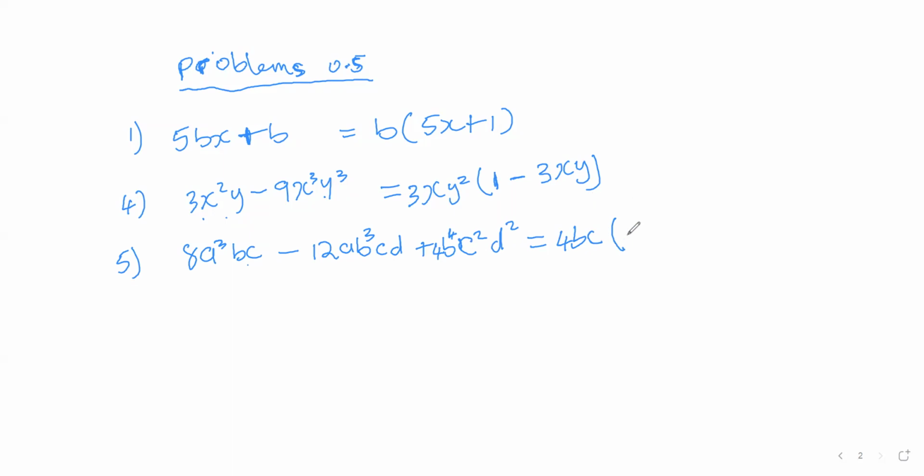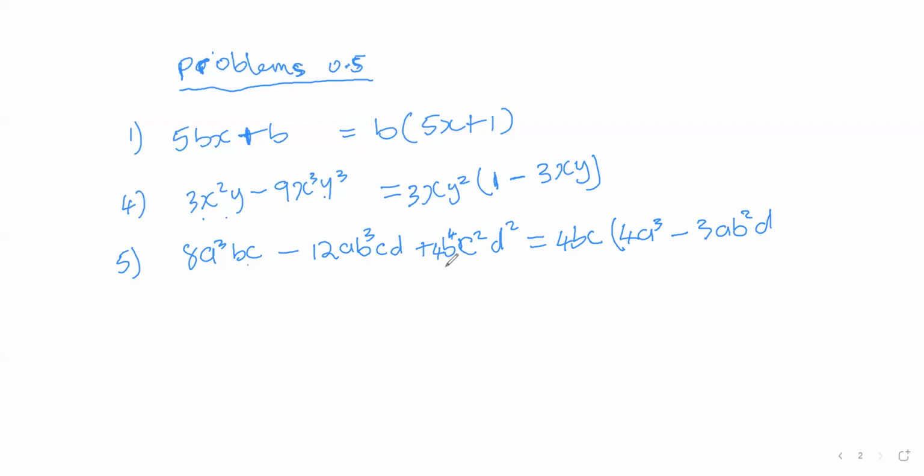So 4bc, and then d is not in that term, right? So it becomes 4bc times, okay, from this term, 4bc is outside, so we are left with 4a cubed from the first term, minus, looking at this, 4bc is outside, so we are left with 3, right? Because 3 times 4 is 12. 3ab squared d from this term. Okay, because 4bc is outside.